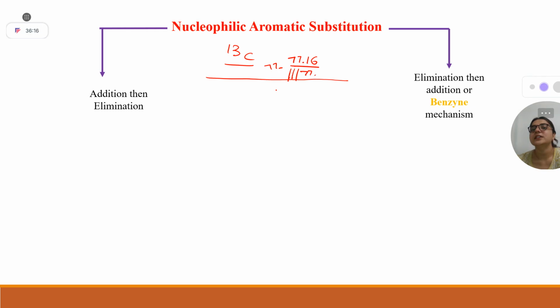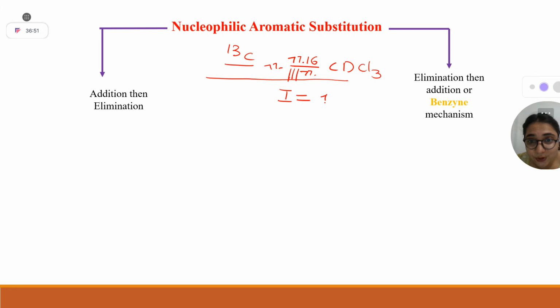Now tell me why this triplet comes. Due to solvent. Which solvent do we generally use? CDCl3. Now, can anyone tell me the I value for deuterium?